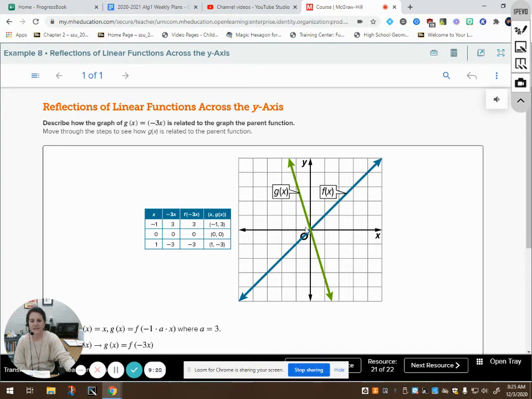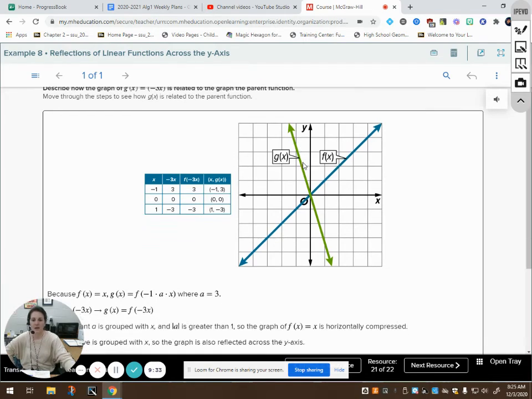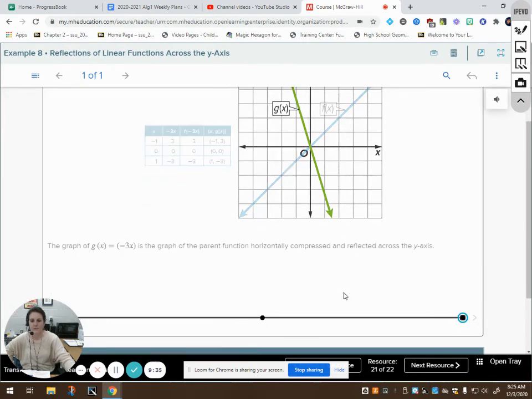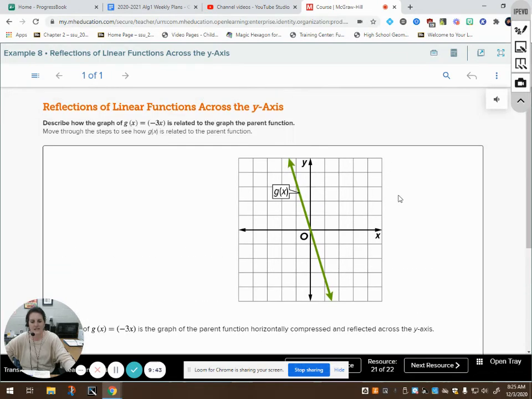When I plugged in a 0, I still got out a 0. And when I plugged in a 1, I got out a -3. So we see there's a flip across the y-axis, and it got stretched vertically because we multiplied by a factor of 3. So it was compressed horizontally and reflected across the y-axis.